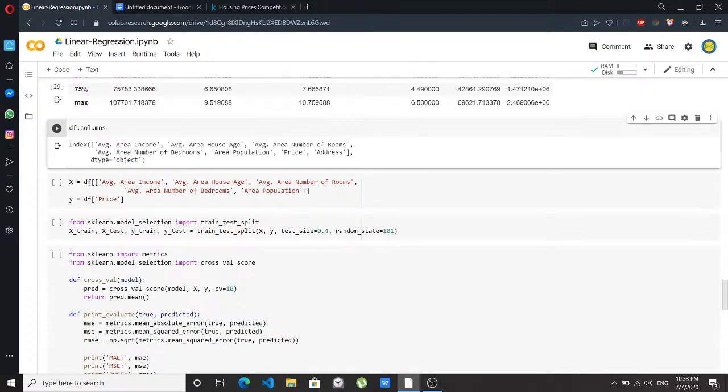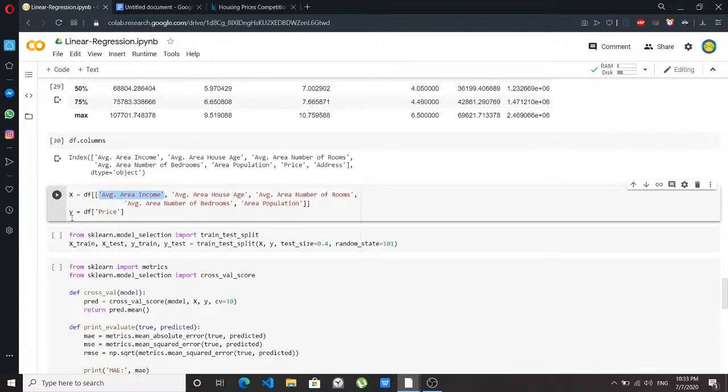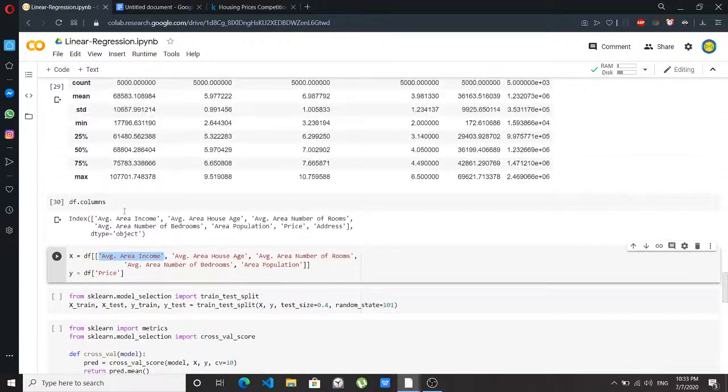But as I told you, we need only the x values, that is the average area income, the average area house age, the rooms, the bedrooms, and the area population only. And what we need as y, that is what we want to find, is the price.